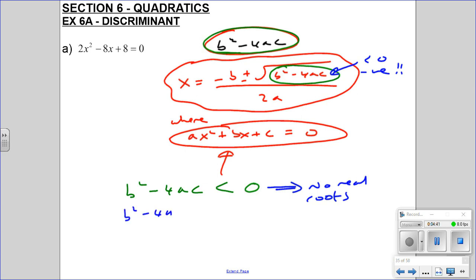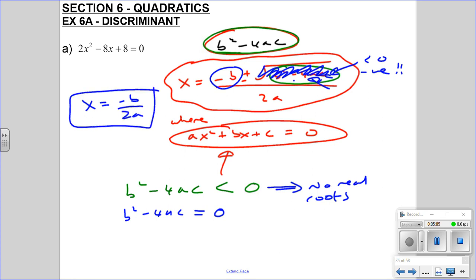So what happens if b squared minus 4ac equals 0? If this thing equaled 0 in here, then this whole bit inside would disappear, because that whole thing equals 0. So can you see you just get x equals minus b, that's this bit, plus or minus 0, so it doesn't make any difference, over 2a. So you just get one value for x. That's why we would say one repeated real root, because we know there's going to be two roots.